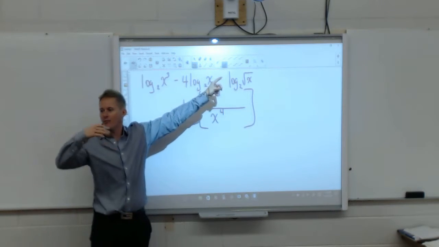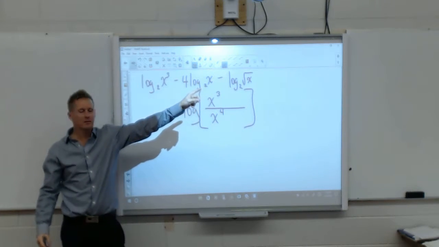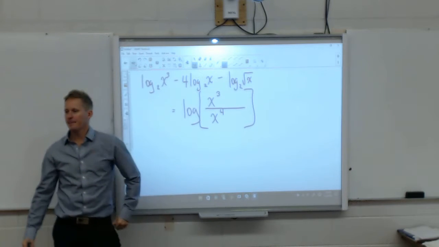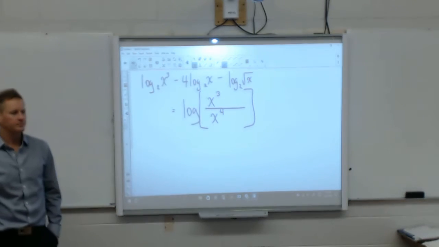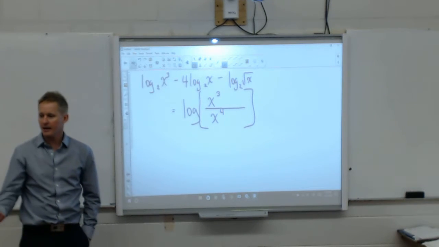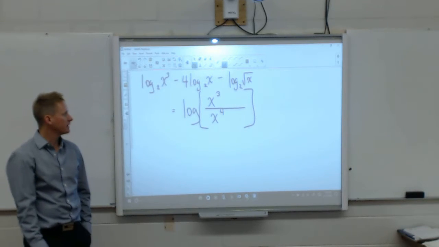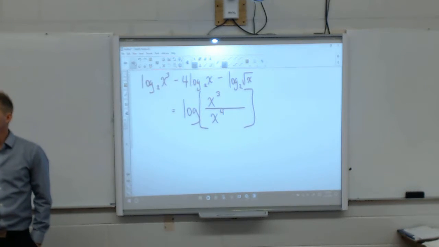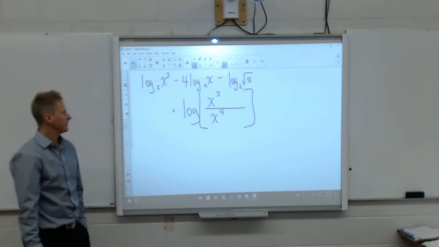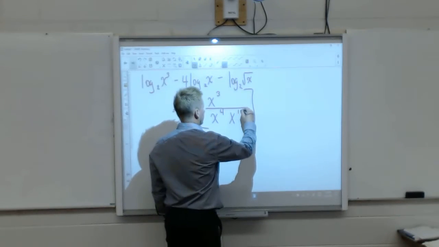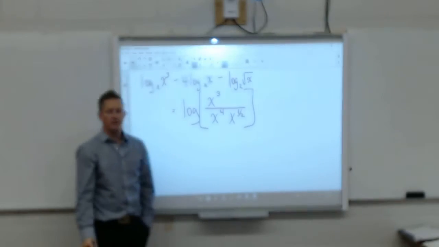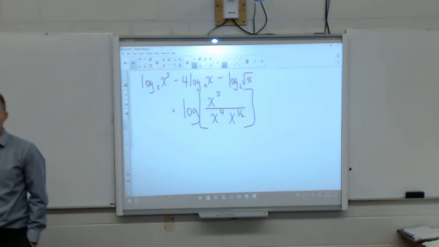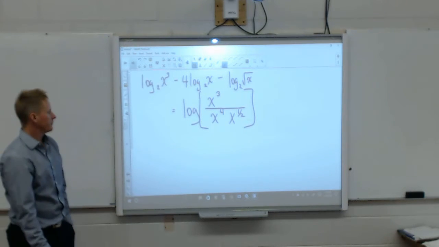If it's in front, now it moves back to the exponent. What is that one? Top or bottom? Bottom because it's subtract, and what's the 1/2? X to the 1/2. Excellent. So there's what I have right there. Everybody okay with that? Fairly straightforward, right?